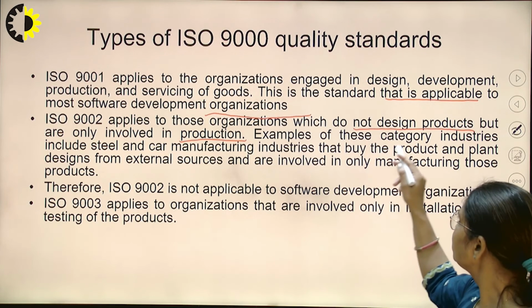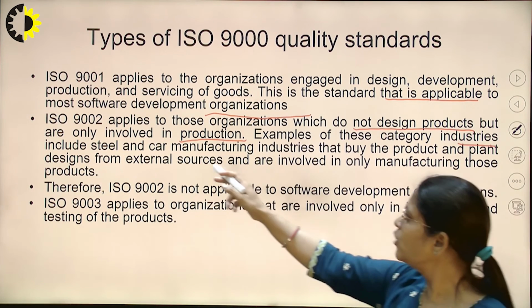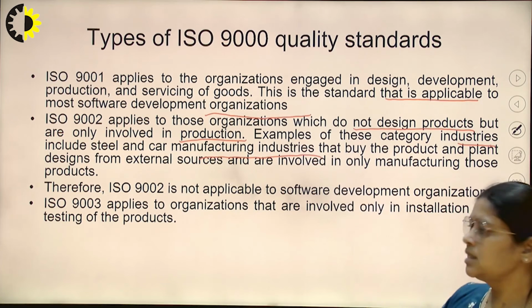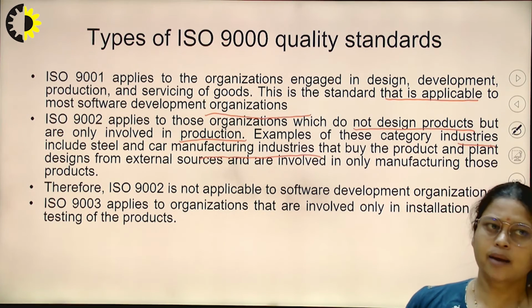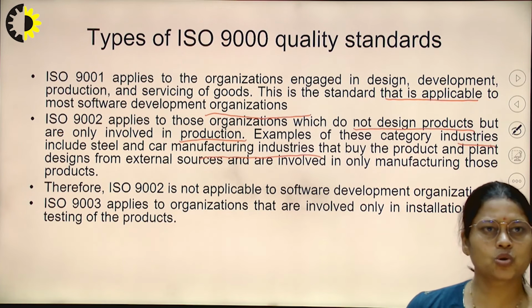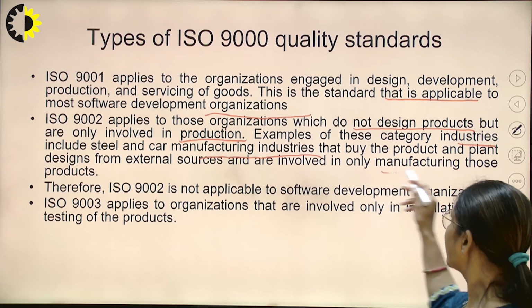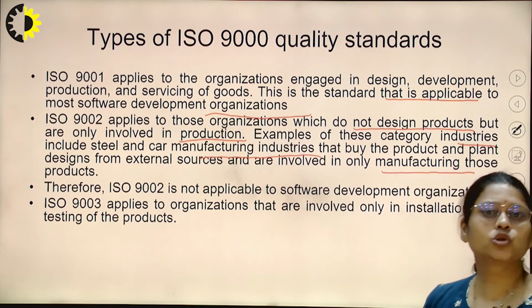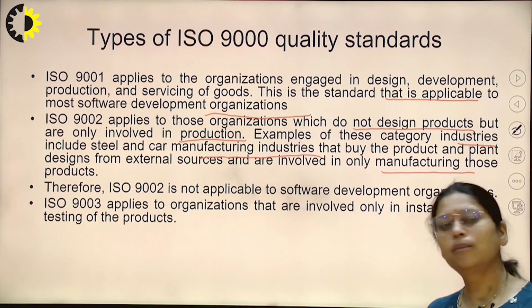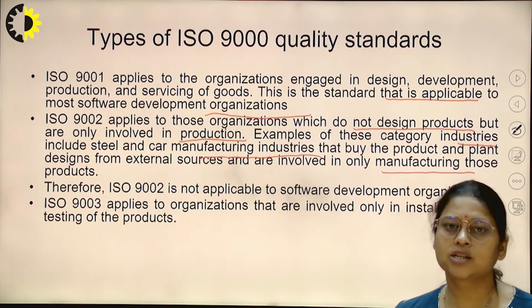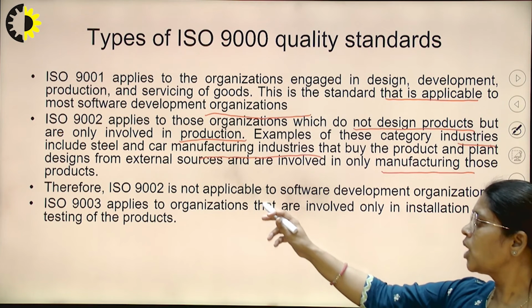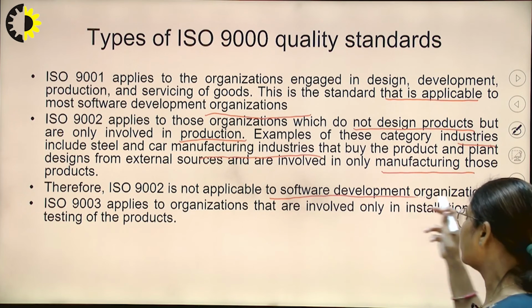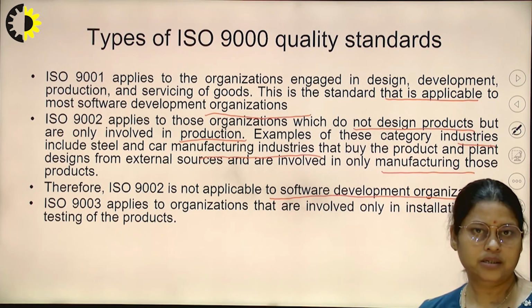For example, car manufacturing industries and steel manufacturing industries buy the product and plant design from some external sources and manufacture those products. Such companies come under this category of the ISO 9002 series. Therefore, ISO 9002 is not applicable for the software industries.